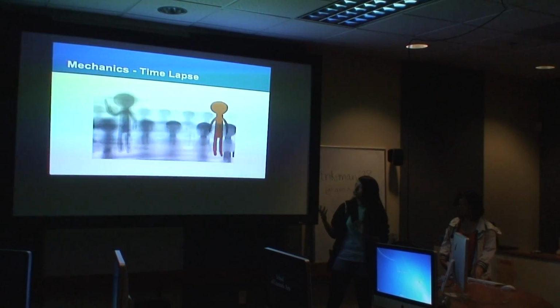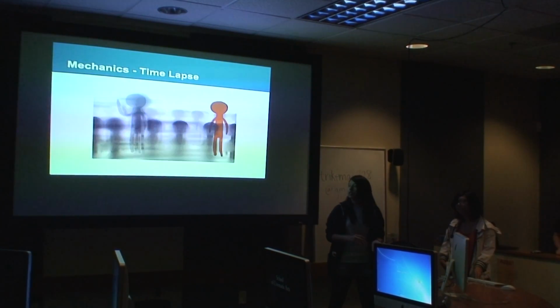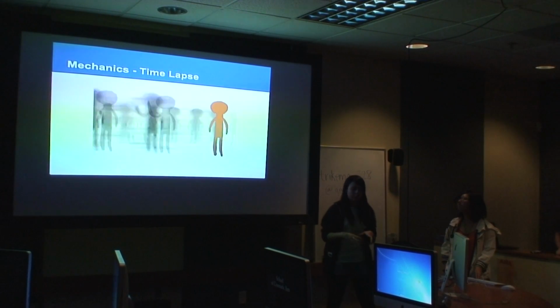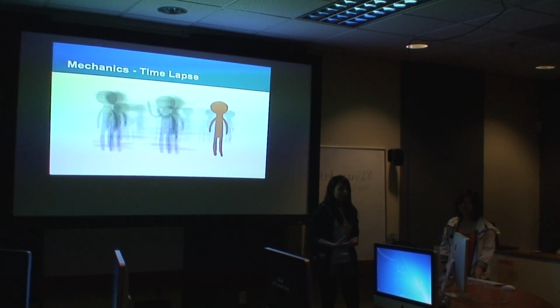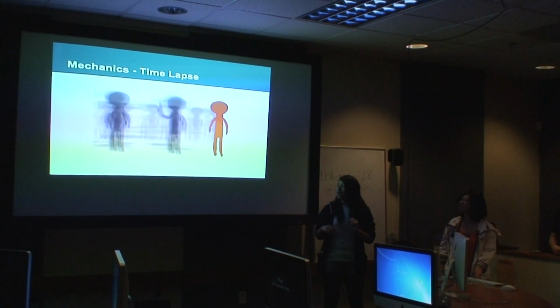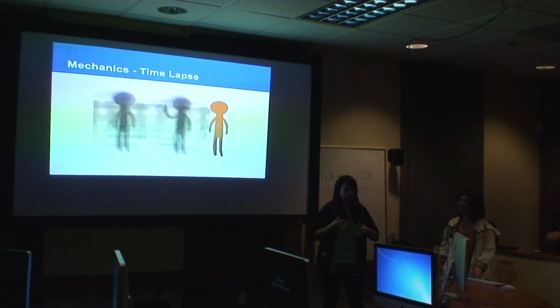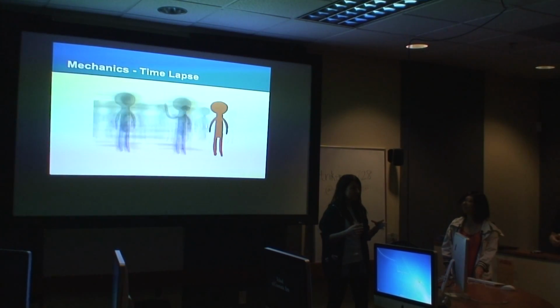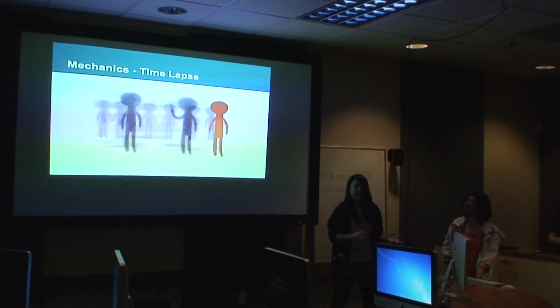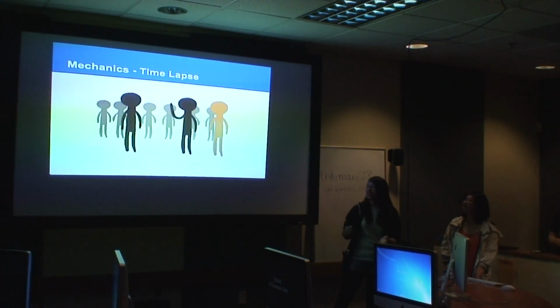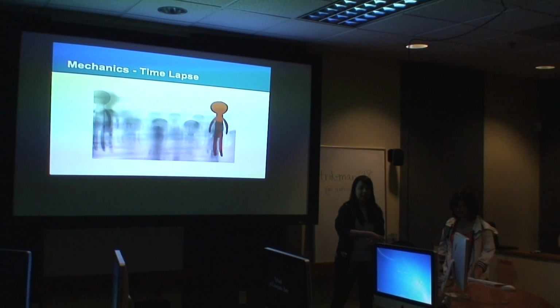This is kind of a sub-mechanic for projection. In order to reach the point in the future during your projection, you have to use a time lapse. That's where the player moves into a space that's neither along a timeline, a non-time space where you're able to move around and get to the locations you need.